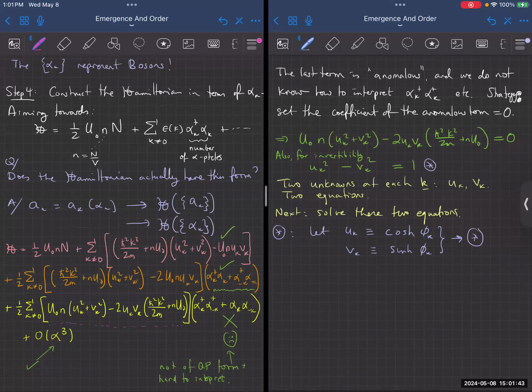So if we have that, now we have to look at the equation square. What does equation square become?